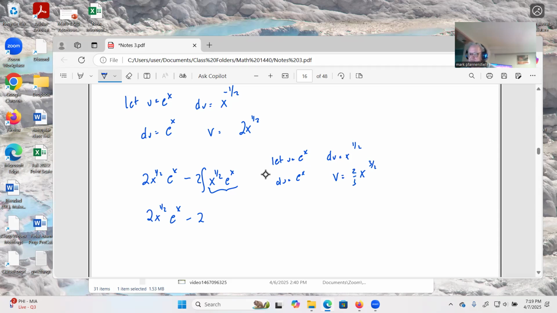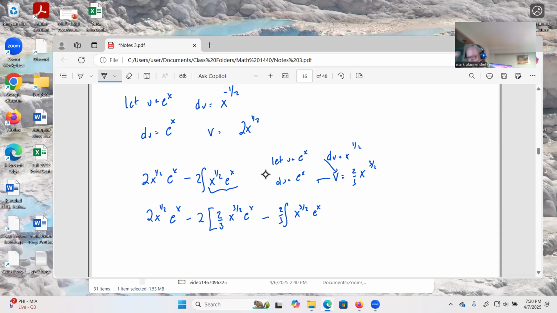So we're going to have our 2 times, and we'll go ahead and do our integration by parts. We have 2/3 x to the 3 halves e to the x, that's this piece, and then minus the integral of 2/3 x to the 3 halves e to the x.